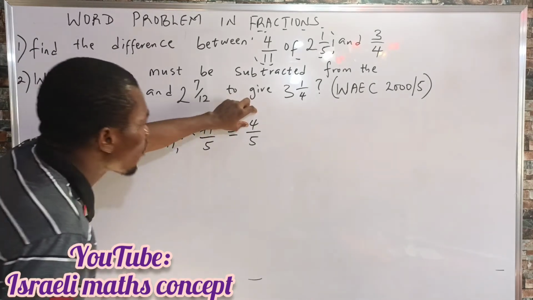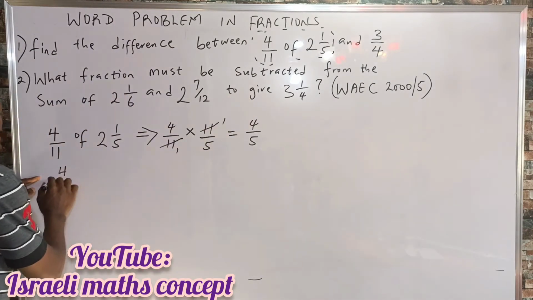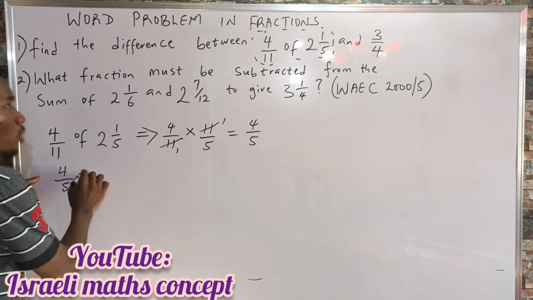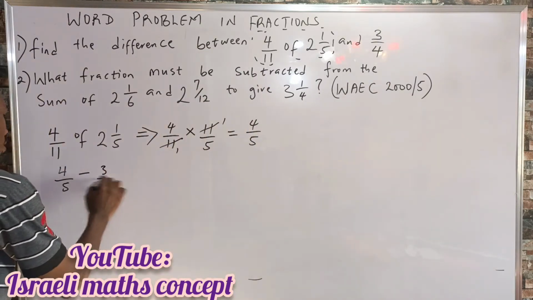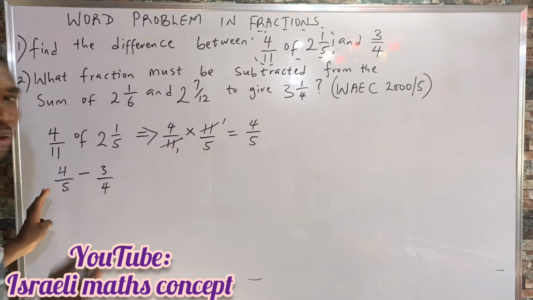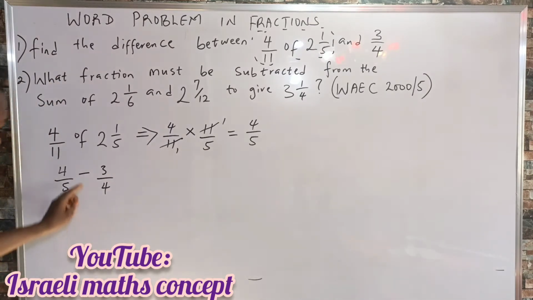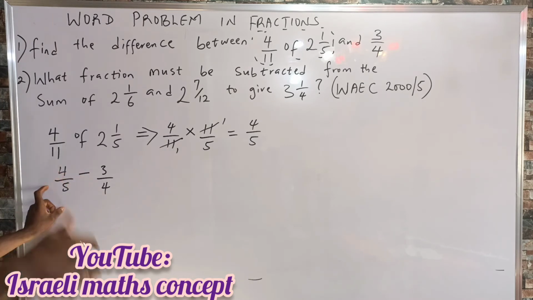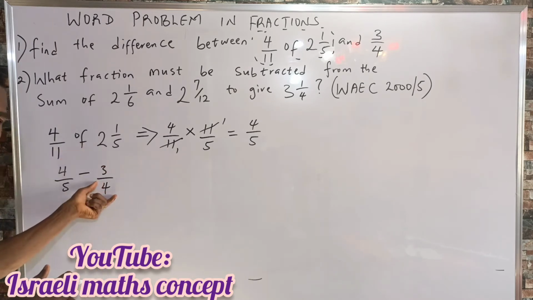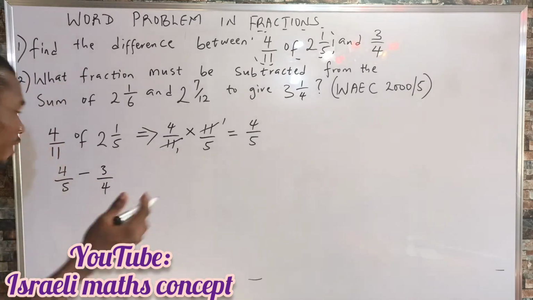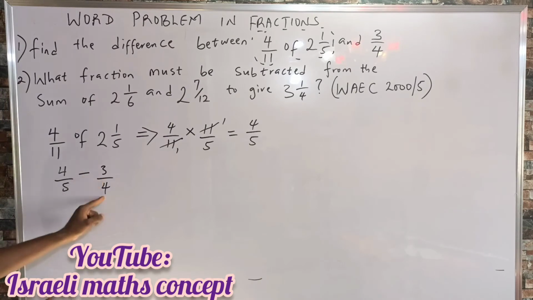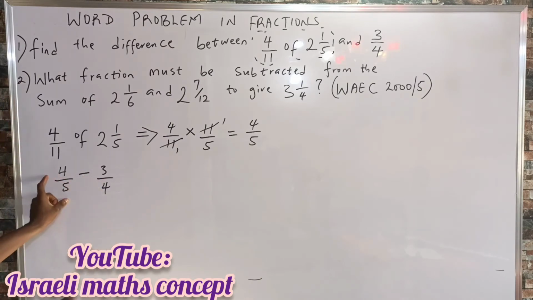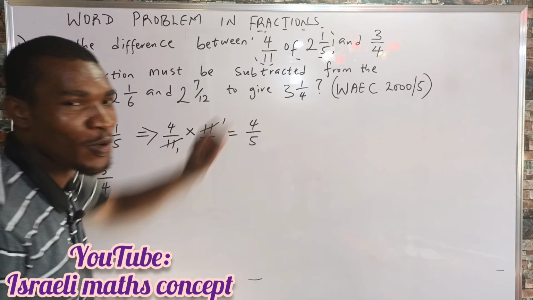Hence, we have 4/5 minus 3/4. This is basically what we are asked to find. To find the difference between 4/5 and 3/4. In other words, we should find the value or the answer after subtracting 3/4 from 4/5. That is the meaning of this given question.